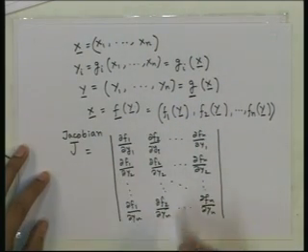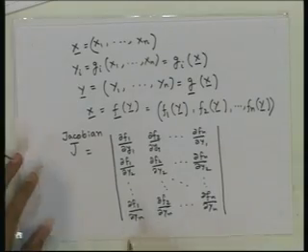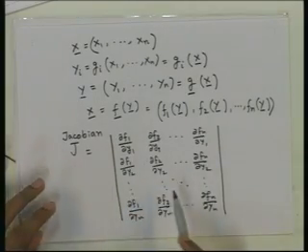The determinant of this matrix is called the Jacobian of this transformation f.